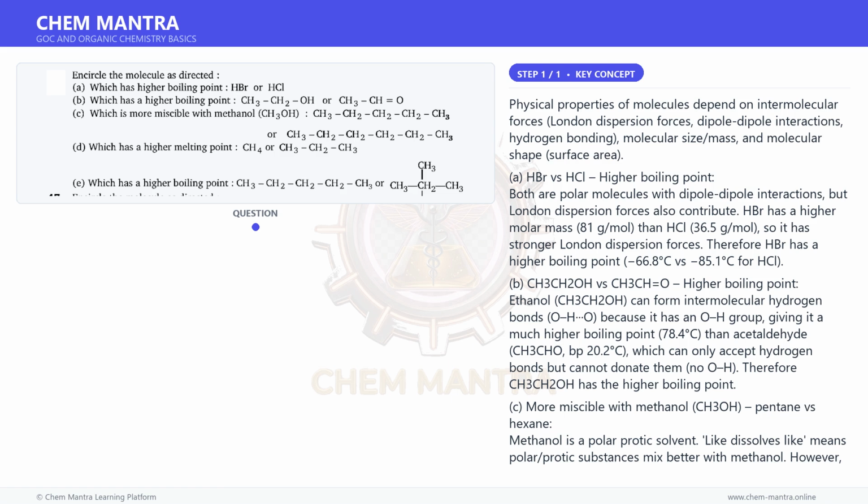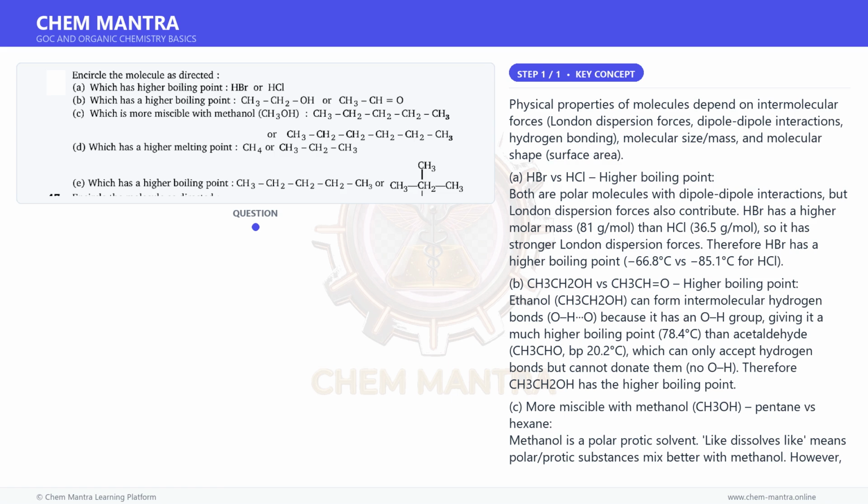C. More miscible with methanol, CH3OH: pentane versus hexane. Methanol is a polar protic solvent. Like dissolves like, which means polar protic substances mix better with methanol. However, here the question is about miscibility of two nonpolar alkanes with methanol. Neither mixes well, but the shorter chain alkane, pentane, C5, has slightly less nonpolar character relative to hexane, C6.